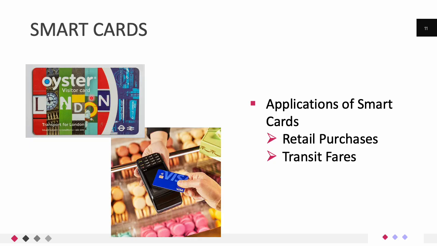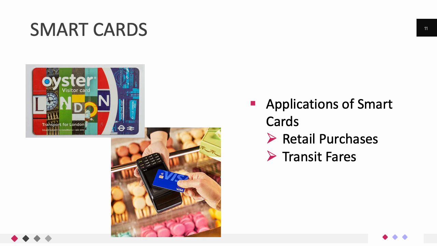Just like how you use your Easy Card to ride the MRT, to ride the buses, or even to bike here in Taiwan, people in London tap their Oyster card to pay for the underground, buses, and other public transportation. The beautiful thing about this smart card system is that it makes transactions super fast and convenient.